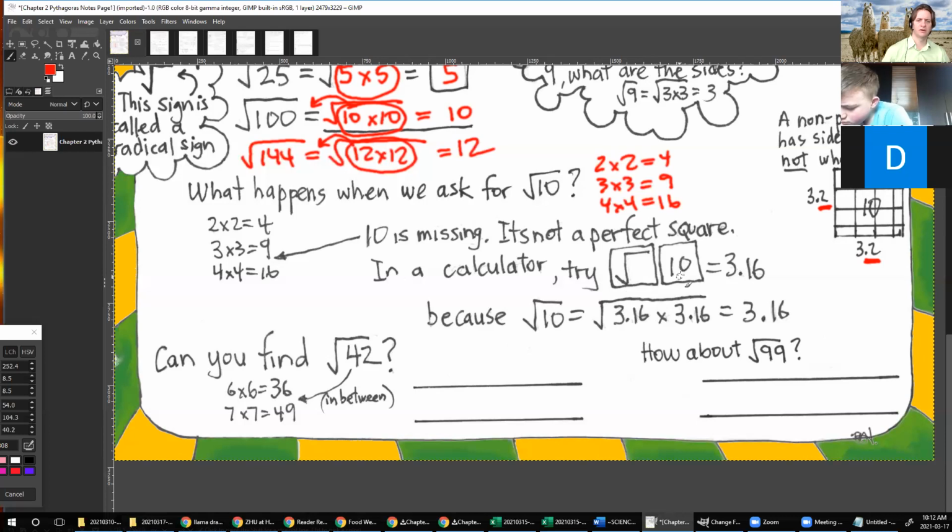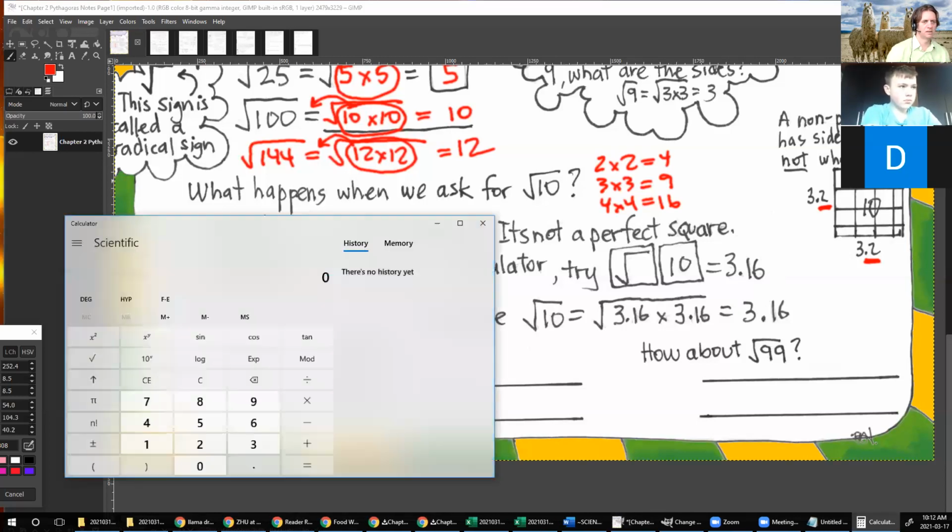So if I do the square root of 10, it gives me 3.16 and probably a whole bunch of other numbers. And this is a really close approximation to the exact answer. 3.16 times 3.16 is going to give me something close to. Let's see what it does. Let me bring up my calculator here. 3.16 times 3.16 gives me 9.9856.